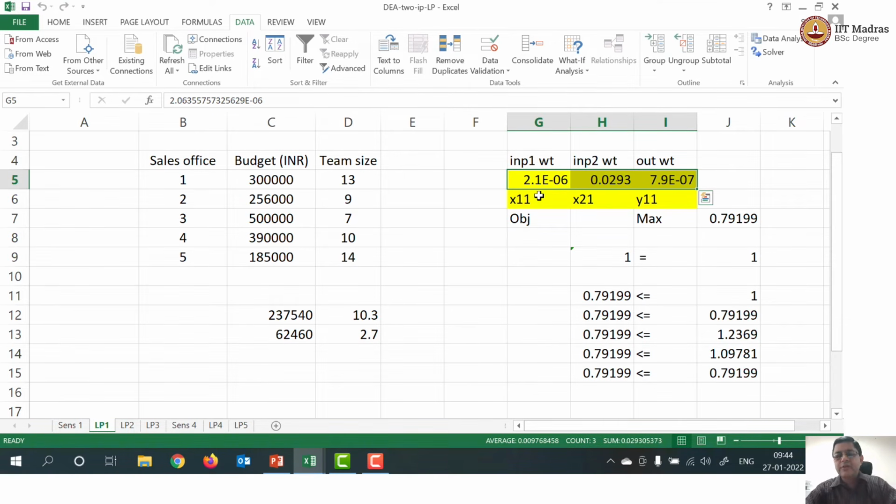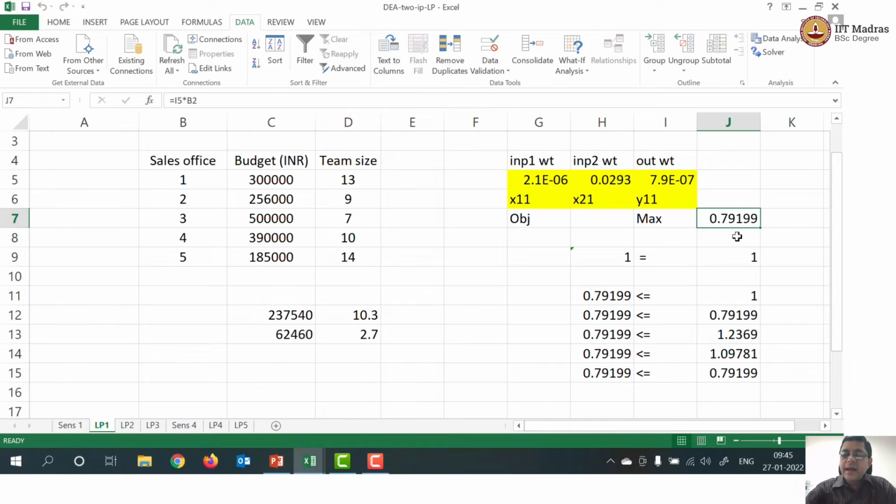Using the best values, this is really the maximum efficiency that the optimization problem is able to get. And that value is 0.79. So even when I had the freedom to choose my own input weights and my own output weights, sales office 1 is saying that, well, I am able to reach an efficiency of only 0.79.